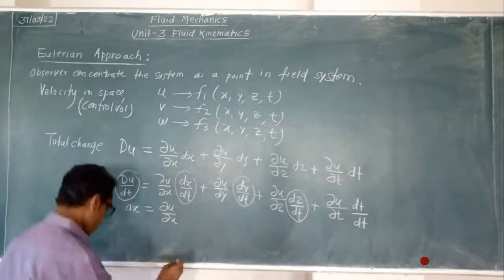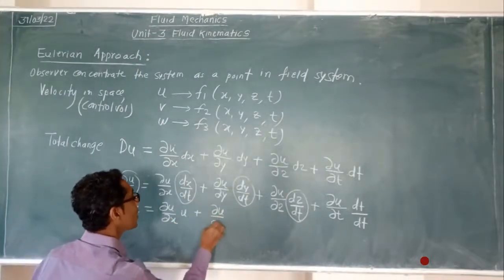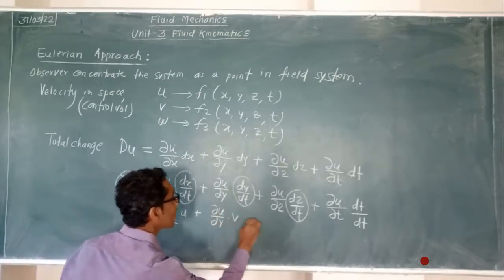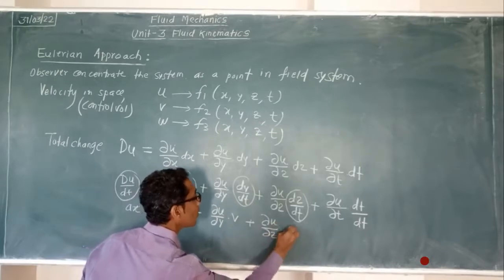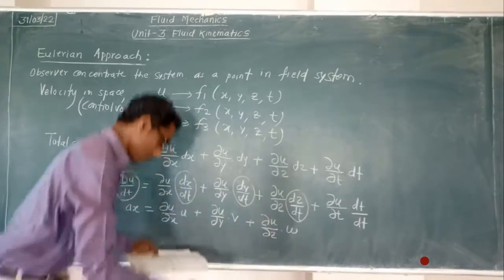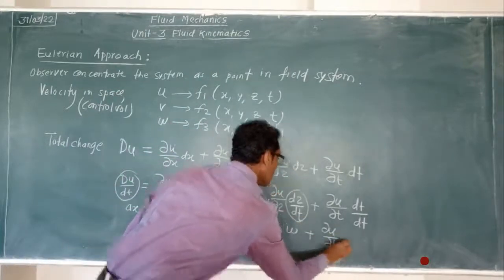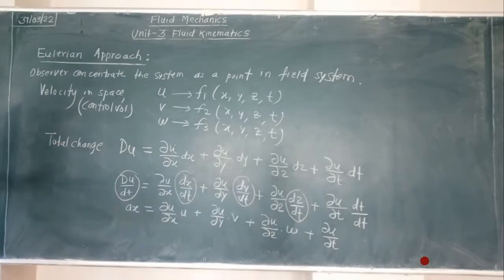Okay, so u plus del u by del y into v plus... this is the component along x direction. Similarly, you can write the component along y and z direction.